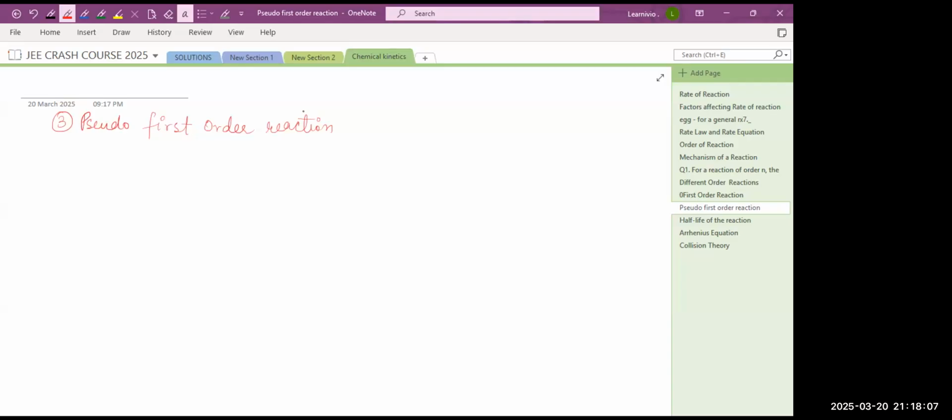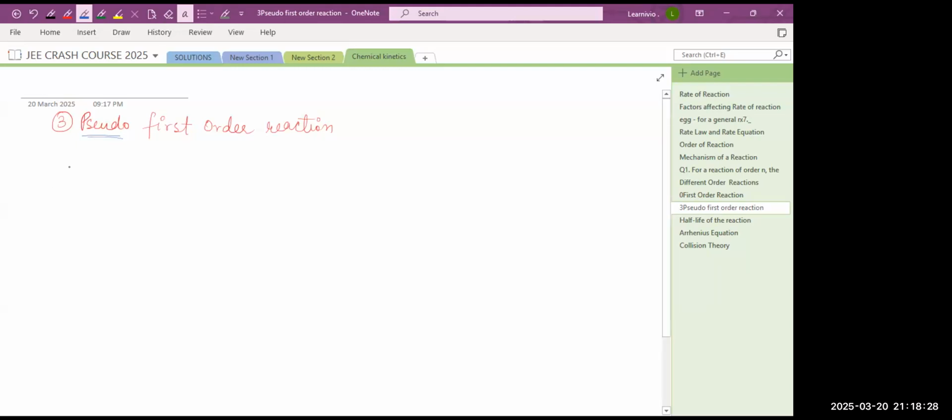Yes. Okay. Now see, pseudo means false, right? The name suggests that it is false. So the reaction which is not truly first order, but under certain conditions becomes a first order reaction. That's why it is known as a pseudo first order reaction.